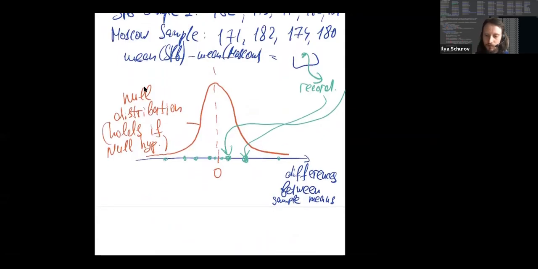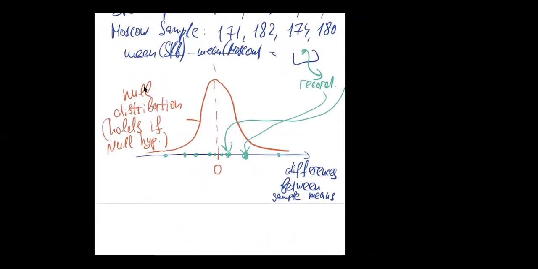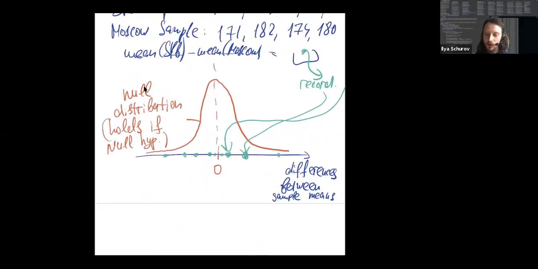What should we do now? We have some actually observed value. It is located, for example, somewhere here. Yeah, this is observed difference.